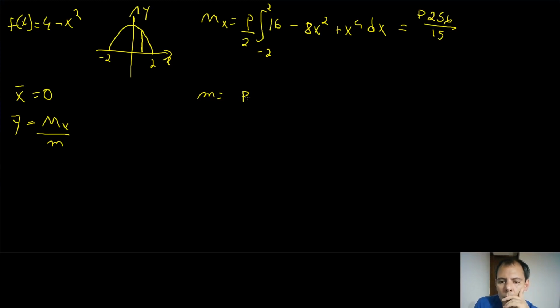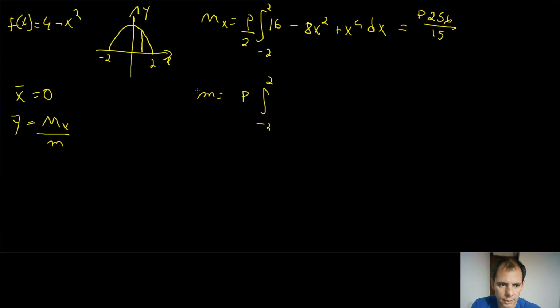So you have the integral from minus 2 to 2 of f of x dx. Because f of x dx is going to give you the area times the density divided by the area, you're going to get the mass.